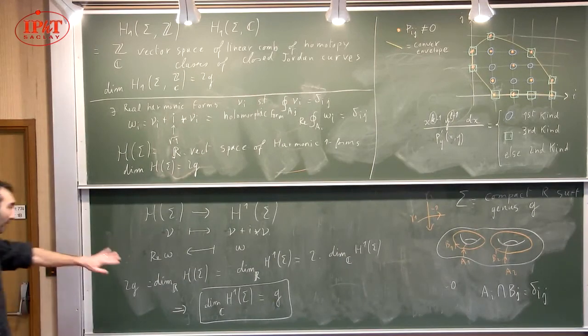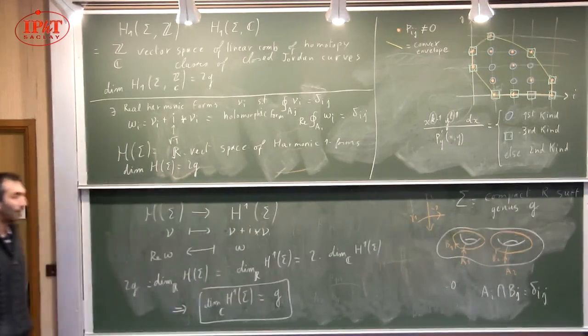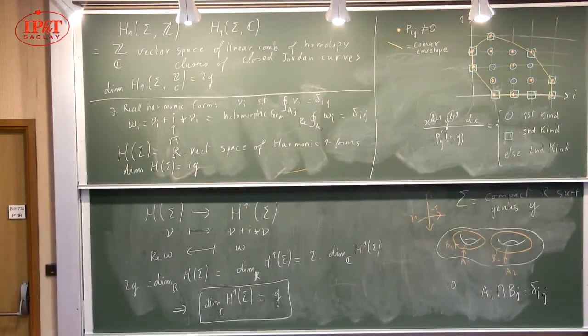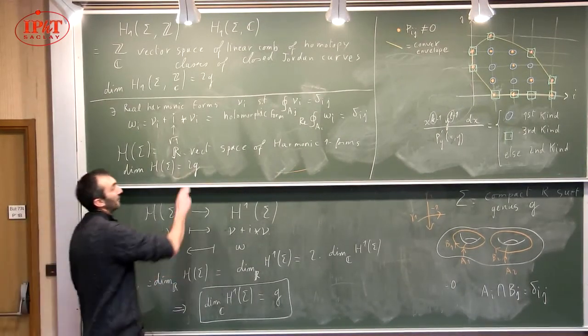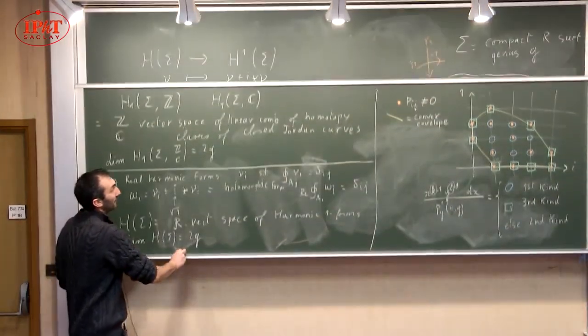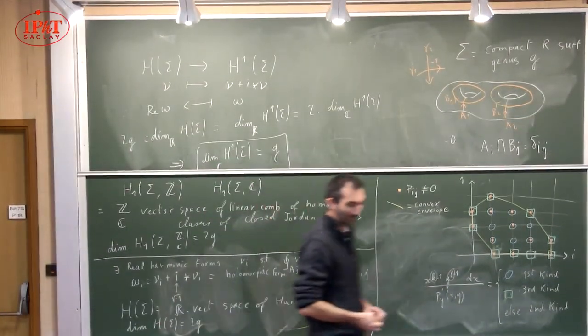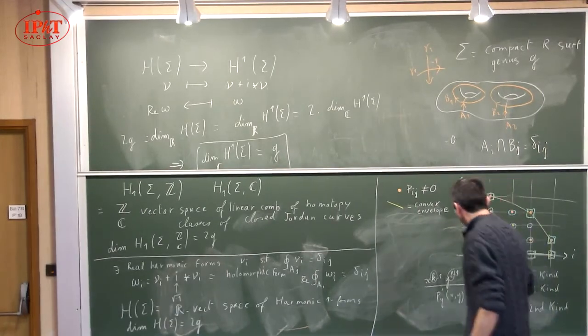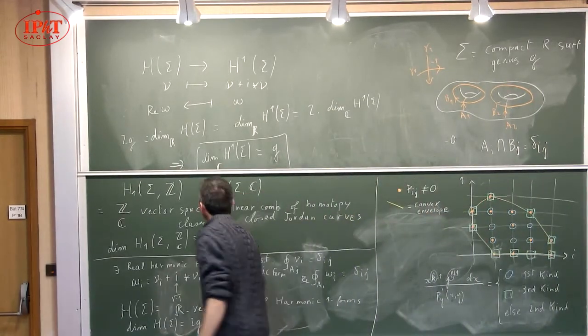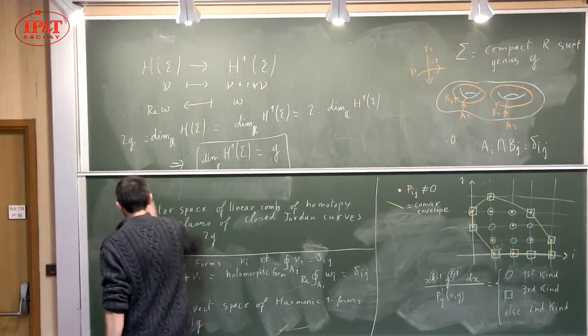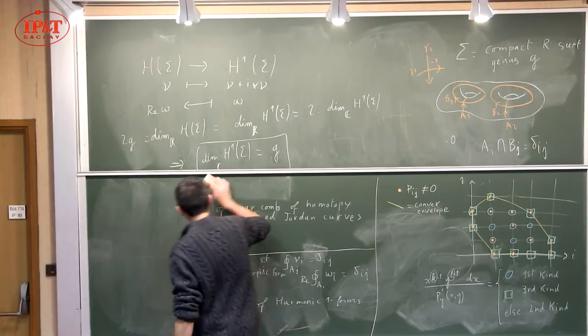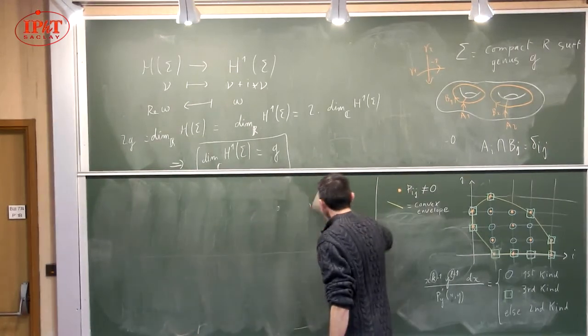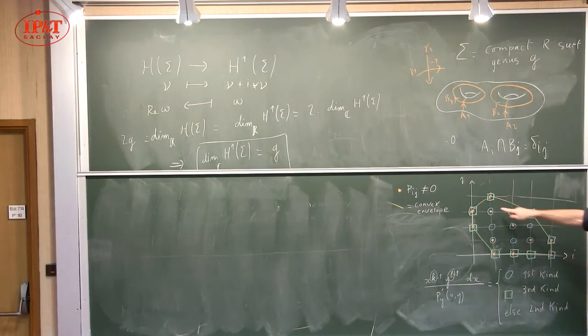What I wanted to show in the end is just that you have G independent of them. The argument is quite simple. But now the big question is, can we find a basis that would be normalized on our basis of cycles? We will not need that anymore. But basically that shows that the number of interior points is the genus.